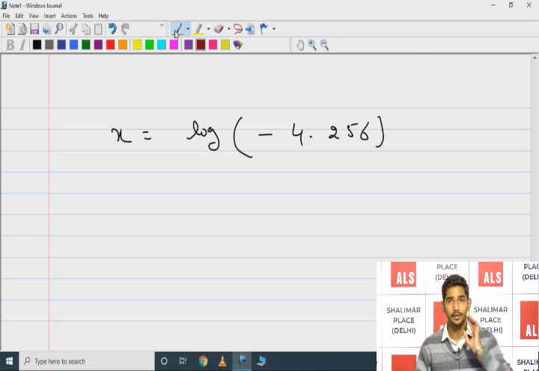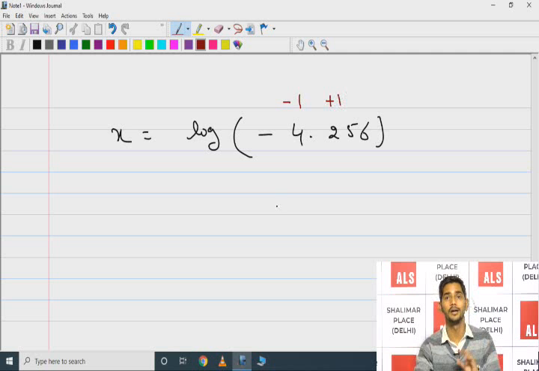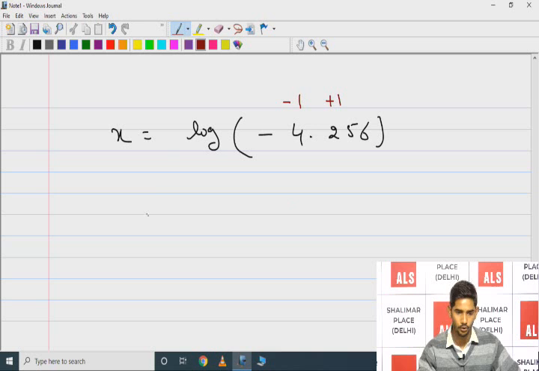But yes, we have to operate this very carefully. The negative number will always be operated before the decimal, and plus 1 will be operated after the decimal. So now you can check out.